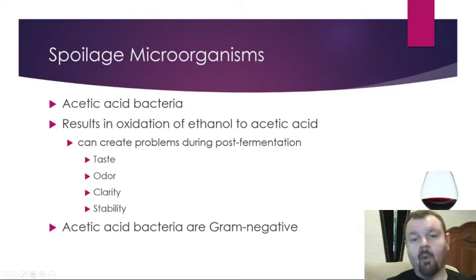I should have put vinegar in big, bold caps, because if you've ever had wine that has turned and has a vinegar taste, that's what this bacteria has done to it. This gram-negative bacteria can create problems during post-fermentation, problems with the taste, the smell, the clarity of the wine (you want to be able to see through it), and its stability.